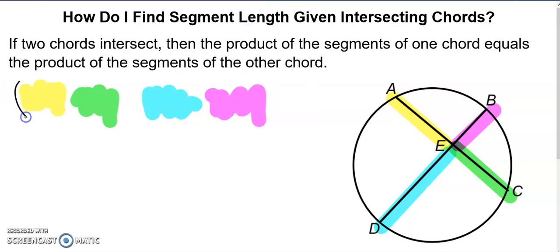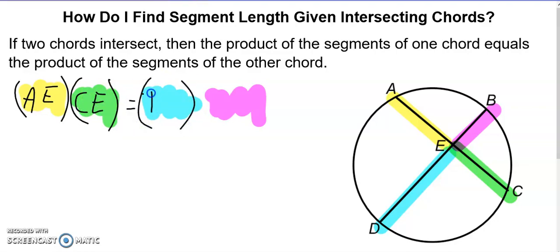So the length of the yellow segment, AE, multiplied by the length of the green segment, CE, will equal the length of the blue segment, DE, multiplied by the length of the purple segment, BE.